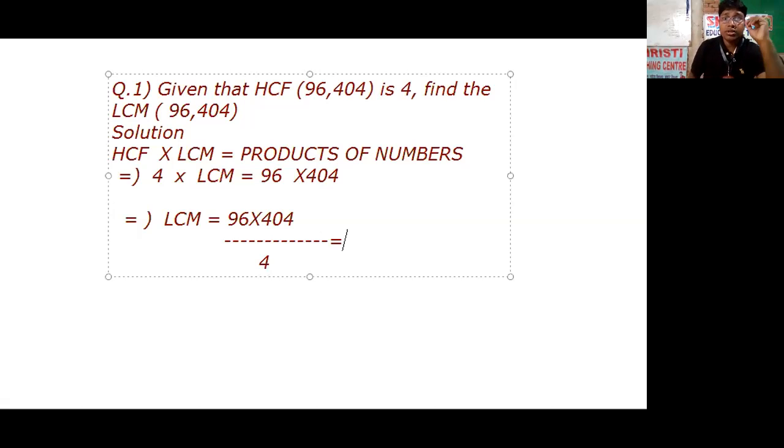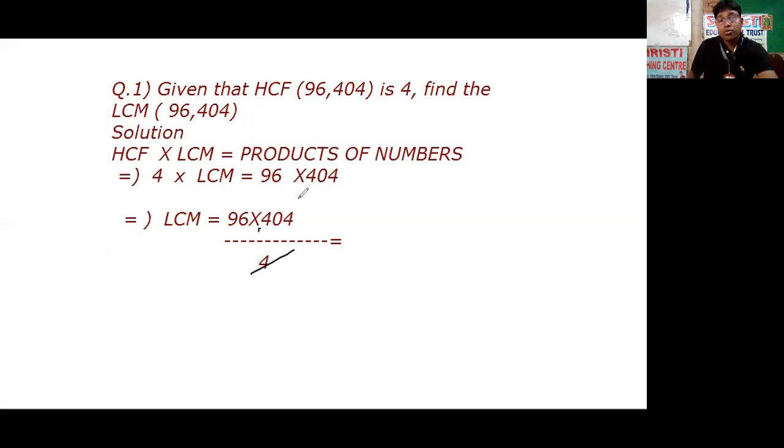Now you can observe here, this 404 is cancelled by 4 to give 101. Now it becomes 96 multiplied by 101.